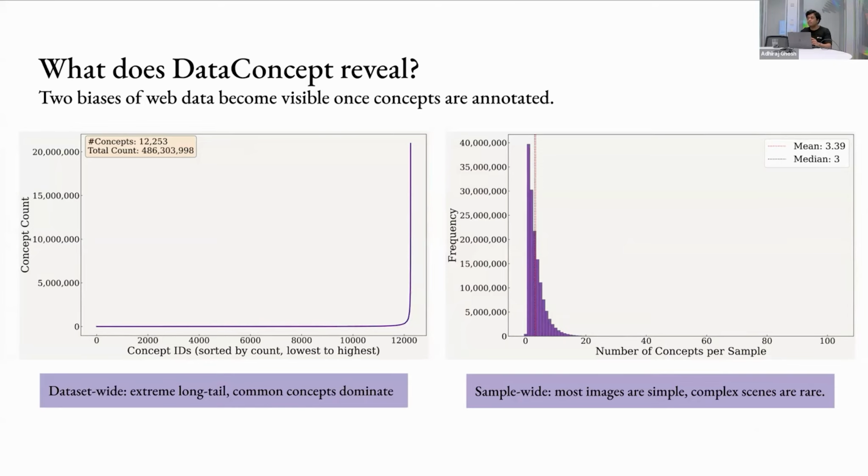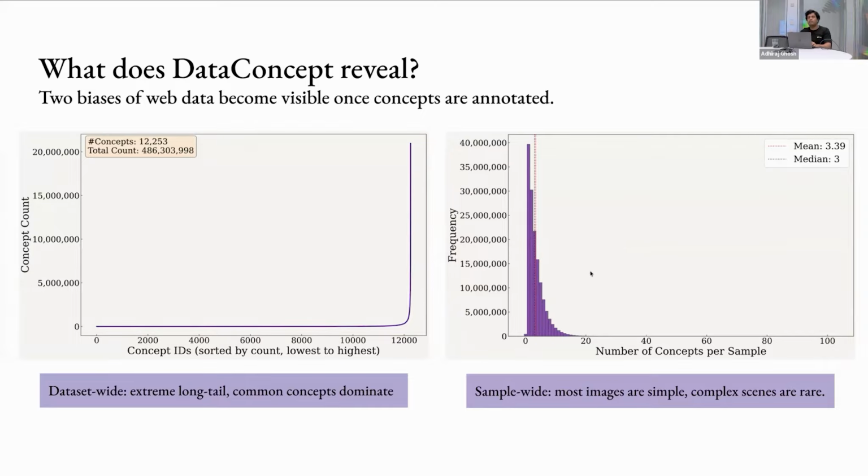Some more statistics that might be useful to data-centric people in the room. These concepts are extremely fine and extremely long-tailed. The plot on the left shows that there are very few concepts that are very well represented. Most of them, about 97%, are not that commonly found in these datasets, with a count of maybe less than 1,000 or 10,000 in 128 million samples.